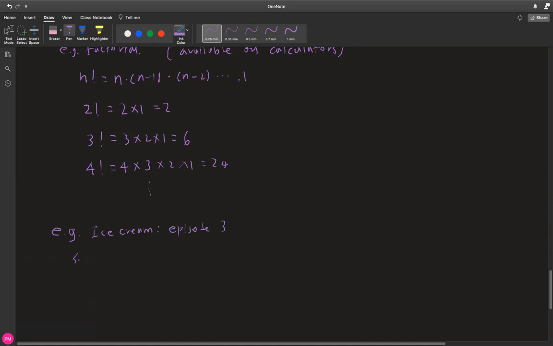So suppose an ice cream parlor offers 31 different flavors.